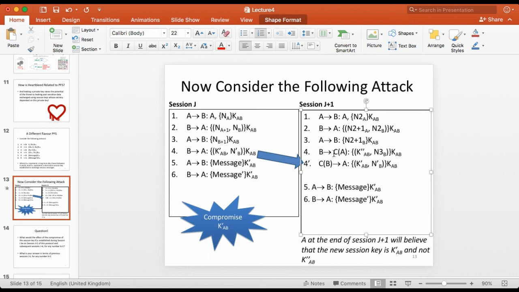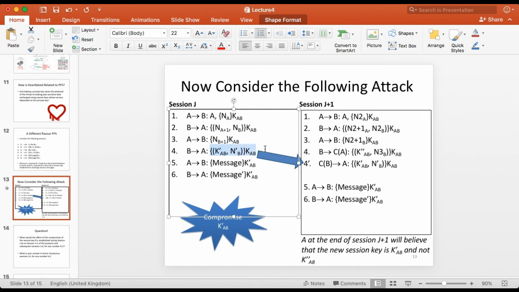Instead of allowing this legitimate message to be forwarded to its legitimate destination, which is A, Carol replaces this message with the older message, this one, which was actually created back in the previous session J.